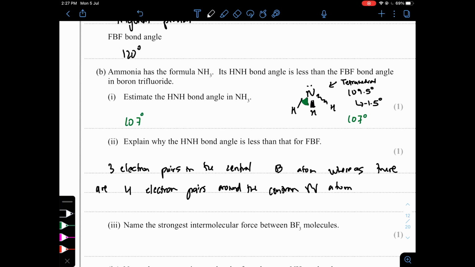So what can we say? We say that the extra electron pair, or lone pair of electrons, does what to it? It repels, gives repulsion.